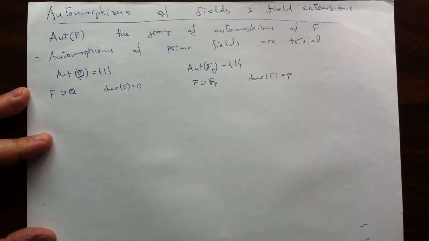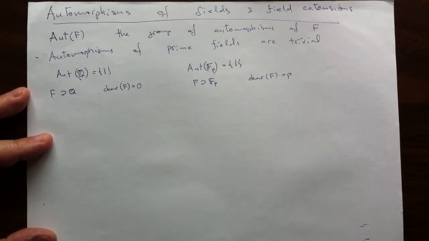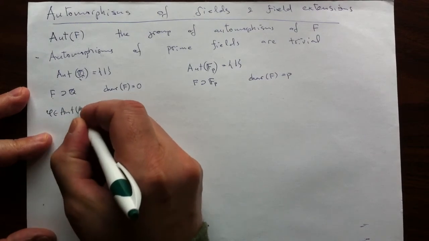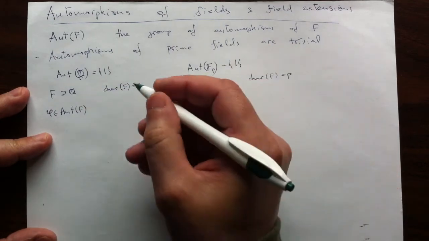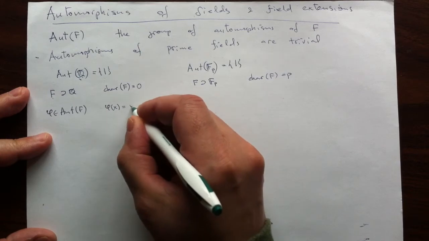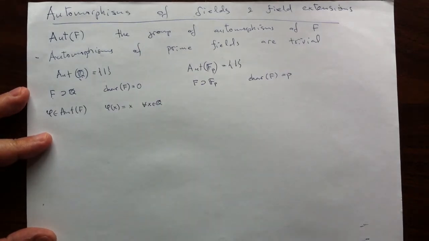So any field will have to fit one of those inclusions, having one of those prime subfields. So in any of those cases, any automorphism of the field F will not move around rational numbers. It will be identical on rational numbers sitting inside F.